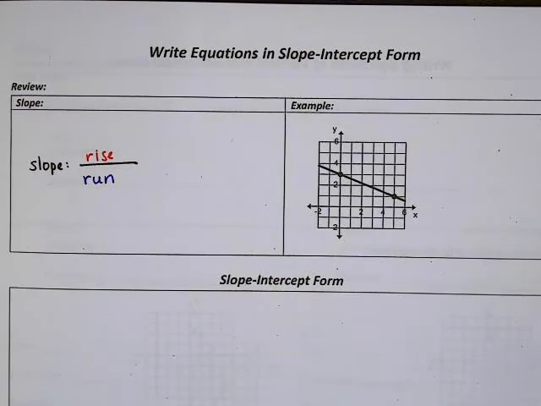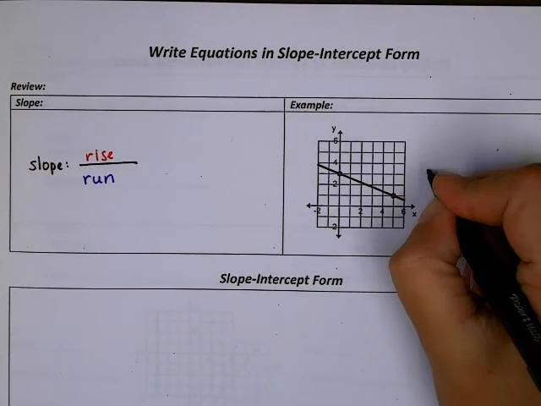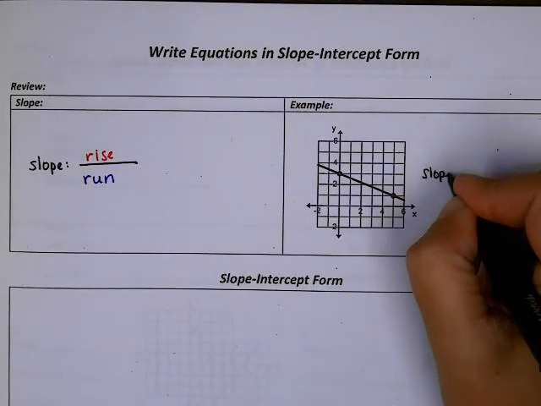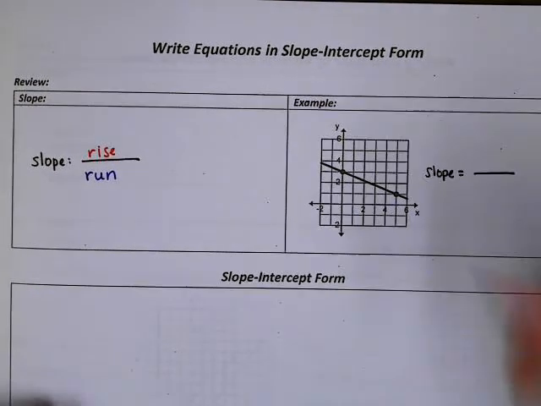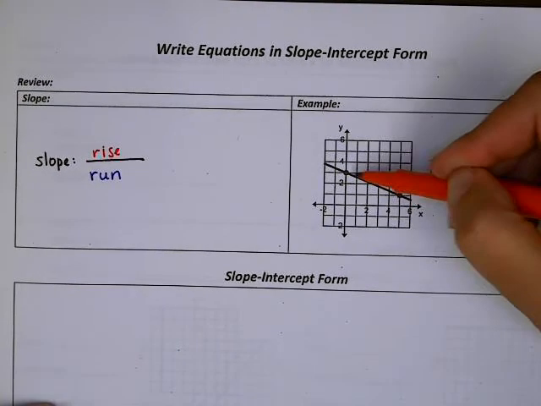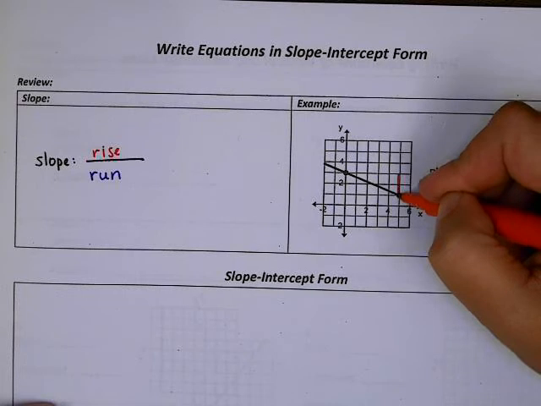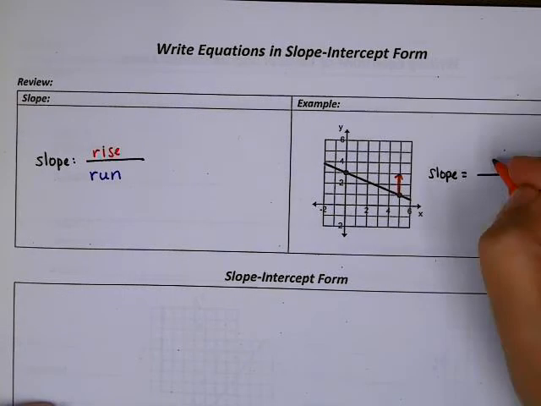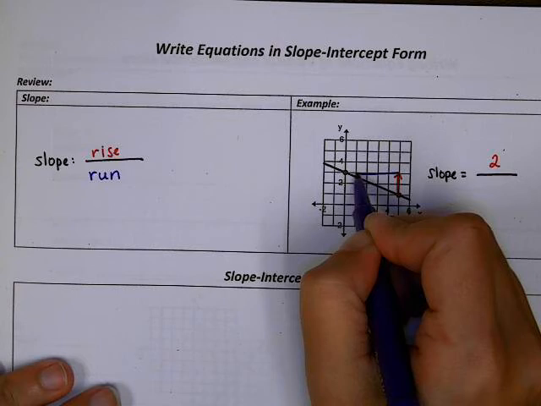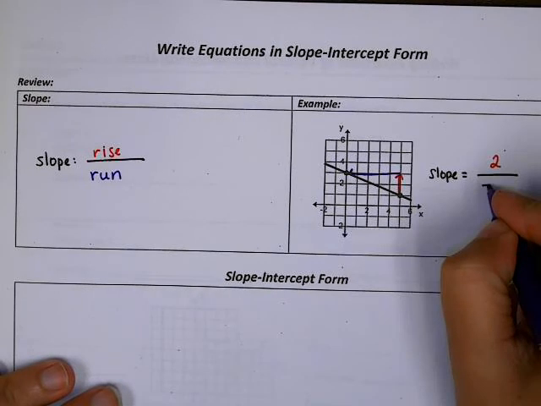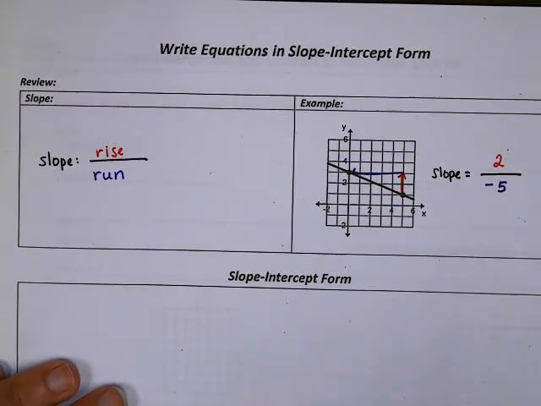For example, if I was to look at this graph and I wanted to find the slope, I would remind myself that slope is always rise over run. So to go from this point to this point, I would rise 2 and then run backwards 5 spaces. So I would make that a -5.